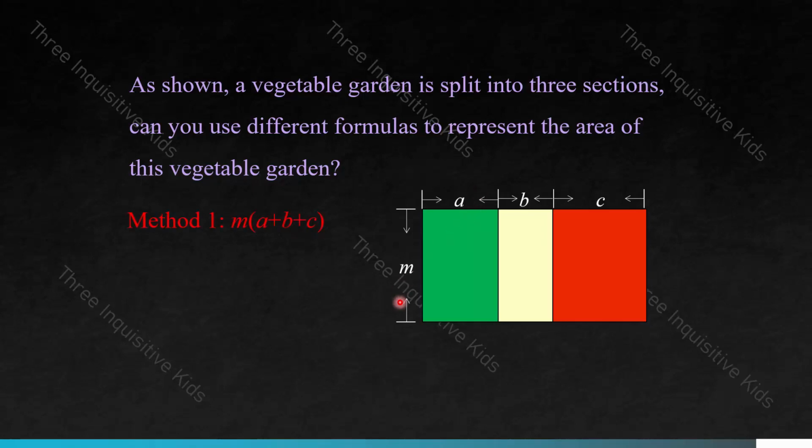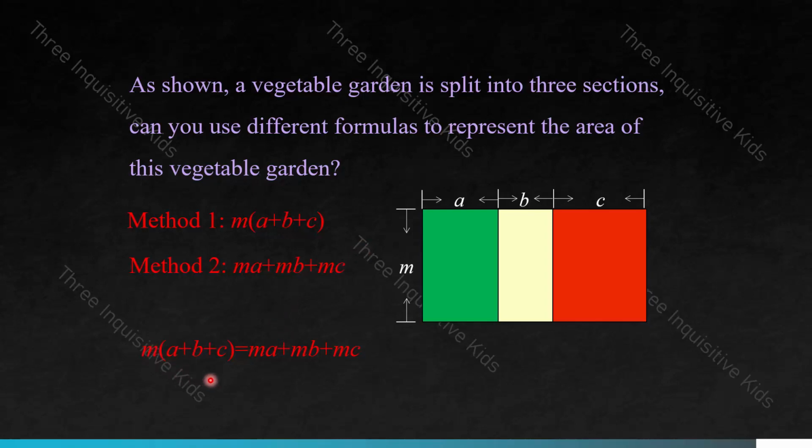But that's when all of these variables were still numbers. We can represent this area in 2 different ways. Method 1 is m times the sum of a, b, and c, and method 2 is ma plus mb plus mc. So these 2 expressions represent the same value. It's just looking at it from different perspectives.